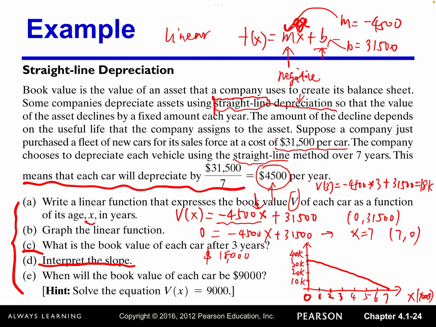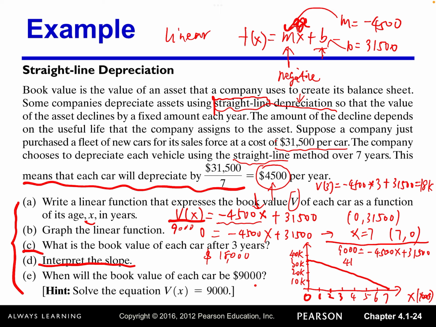When will the book value of each car be $9,000? Replace V by 9,000 and then solve for x. So 9,000 equals negative 4,500x plus 31,500.